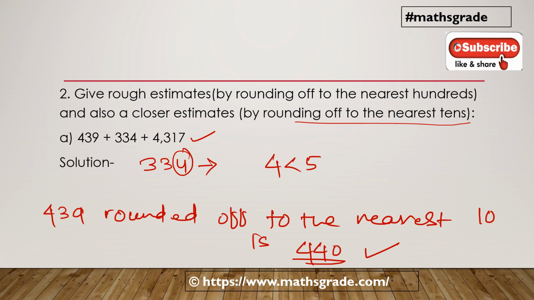That is, write down 3 in tens place digit as it is and write down 0 in unit place digit. That is 4 changes to 0. So 334 rounded off to the nearest 10 will be 330.